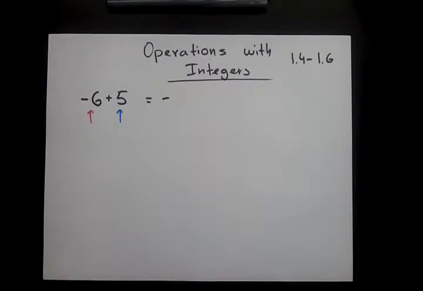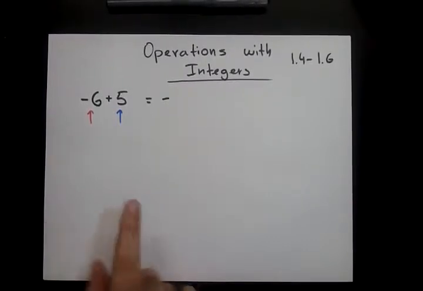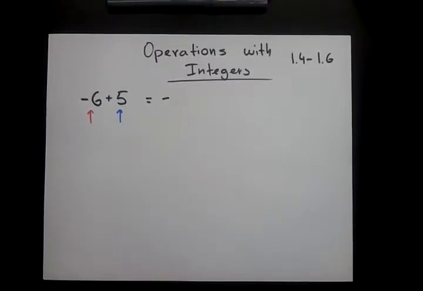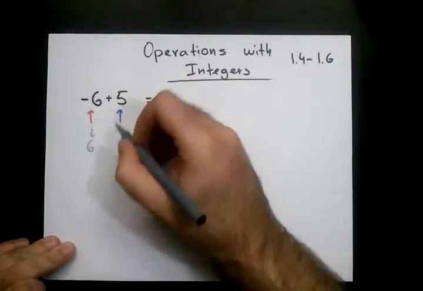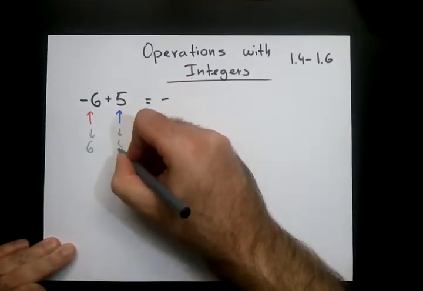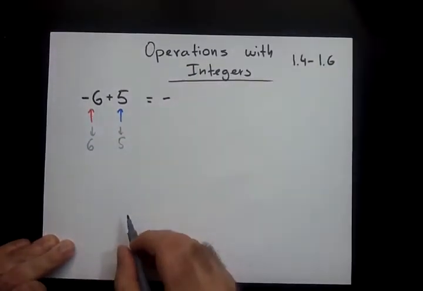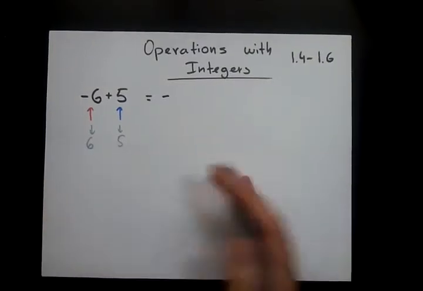Then, if you have different signs, the second part of the rule tells you to take the difference of the absolute values. The absolute value of -6 is 6. The absolute value of 5 is 5. And the difference between 6 and 5 is 1.